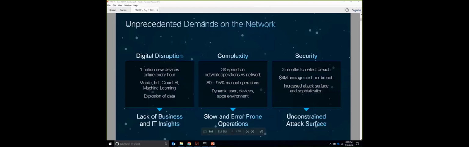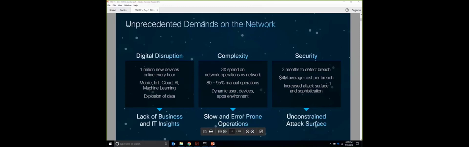Dynamic users, devices, apps environment, every day is getting more and more into IT. So what's happening? It makes the entire operation slow because your network is not ready to adopt or able to give what the software is growing at, the speed the software is growing. So there is slowness, there is a slow response in terms of the network operation, and also it's prone to error.